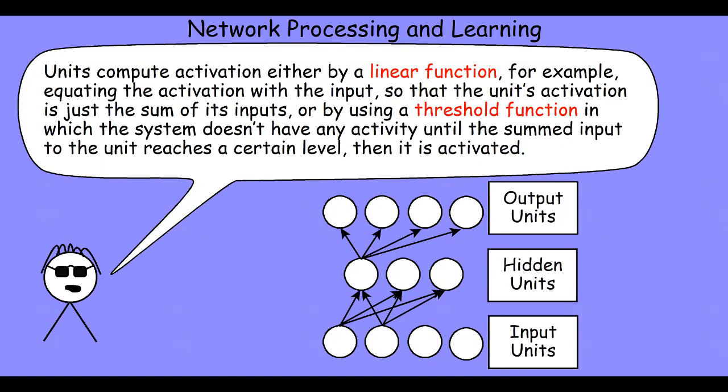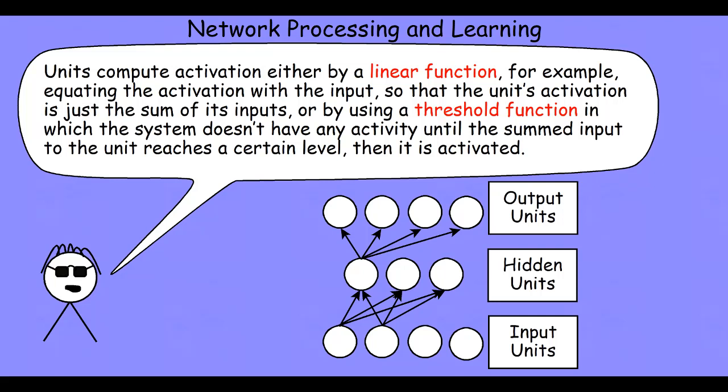Units compute activation either by a linear function, for example, equating the activation with the input so that the unit's activation is just the sum of its inputs, or by using a threshold function, in which the system doesn't have any activity until the summed input to the unit reaches a certain level, and then it becomes activated.